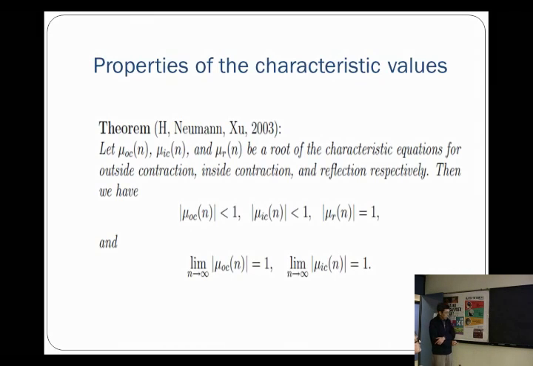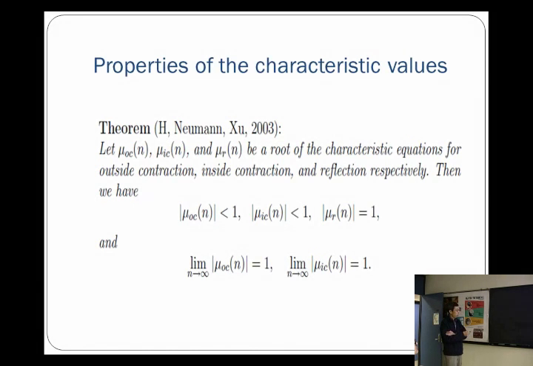Okay. So I just mentioned that the characteristic values are important. So how about studying their properties? In a joint paper with Mickey Neumann and Jiang Gong in 2003, we proved this result.